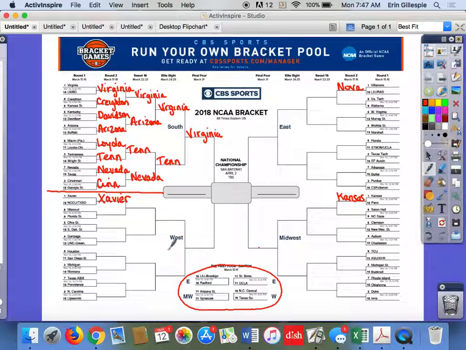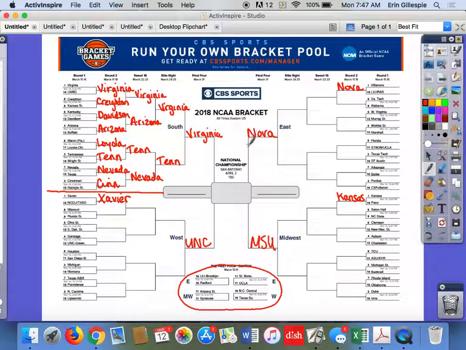So let's say after filling out this entire bracket, I'm not going to do the whole thing to bore you guys, but let's say North Carolina, UNC, let's say I pick them to beat everybody else within that bracket. Over here, let's say it's Michigan State. And then up in the East bracket, we'll say Nova.